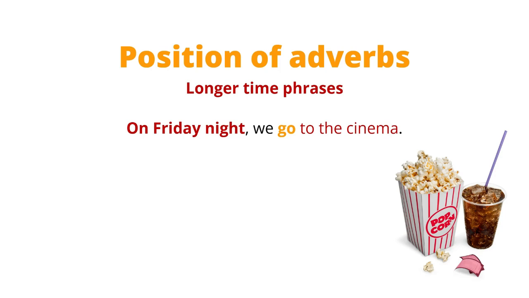So on Friday night, we go to the cinema, or we go to the cinema on Friday night. She plays tennis at the weekend, or at the weekend she plays tennis. But you'll notice again, don't separate play and tennis. They always have to go together.